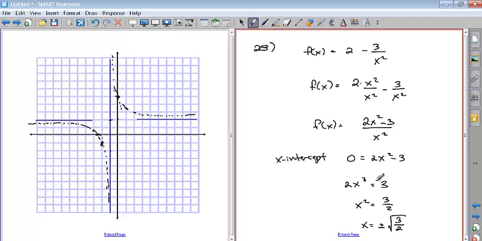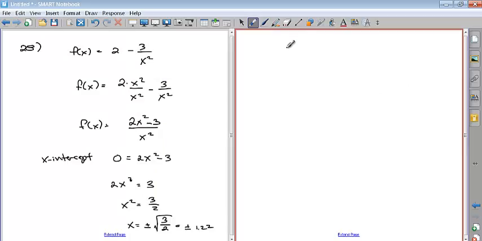And let's figure out what the decimal equivalent to that is. So 3/2 is 1.5, and take the square root of that, and you get plus or minus 1.22. Okay, so that's the x-intercept. The y-intercept is when you set x equal to 0.